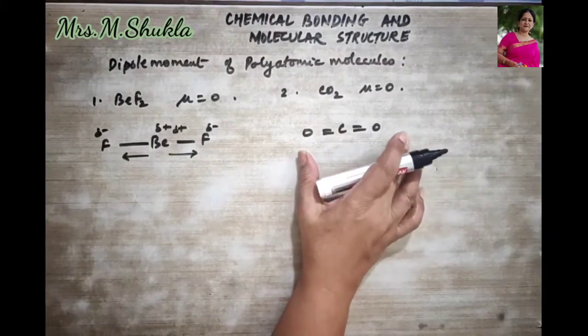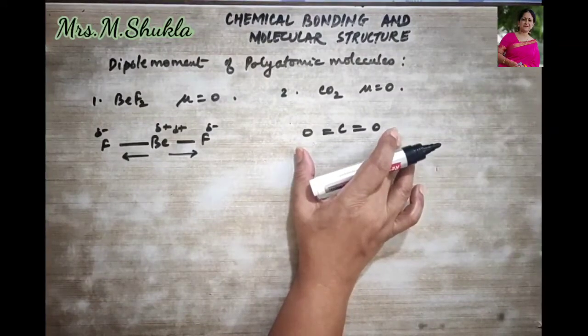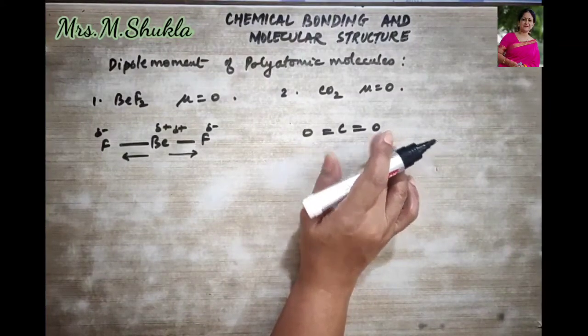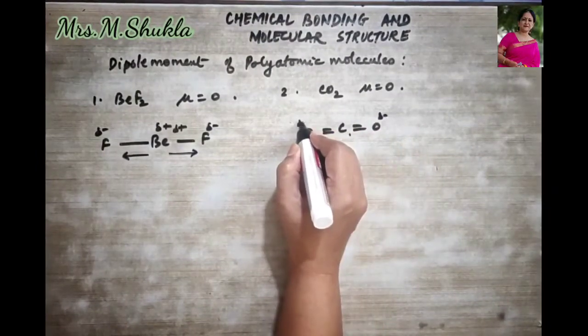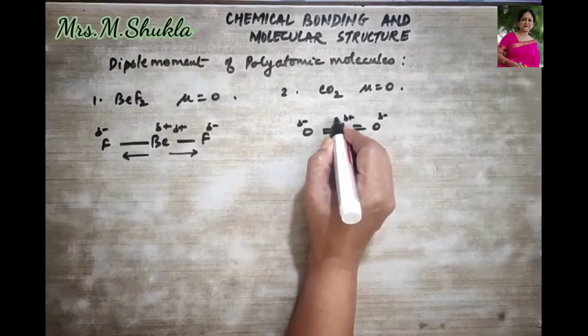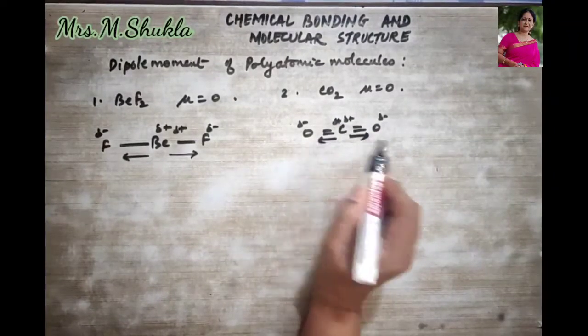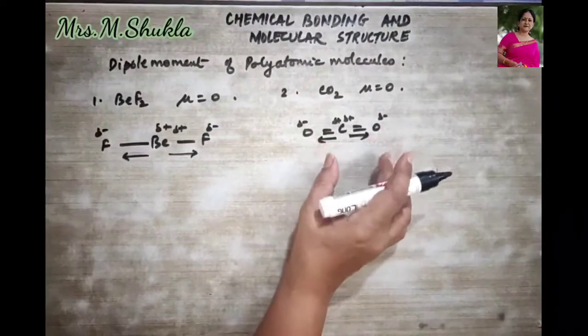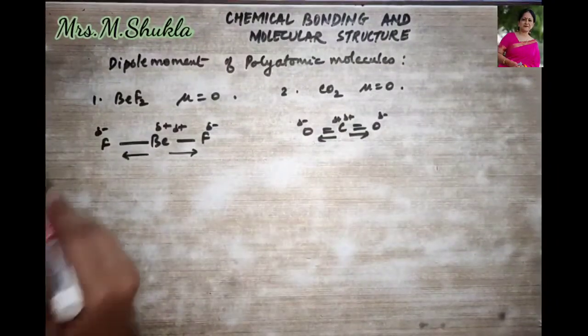Therefore, the vector sum or the net dipole moment becomes 0. Why? Because this is electronegative, this is electronegative, this is positive. So this is going to move towards the more electronegative, in the opposite direction. Therefore, net dipole moment is 0.